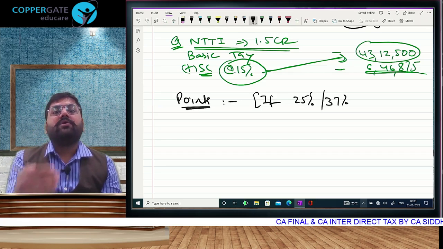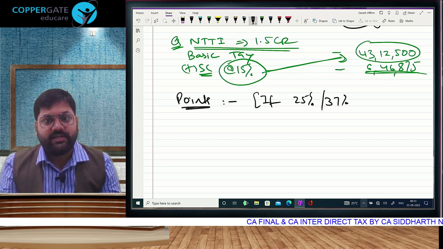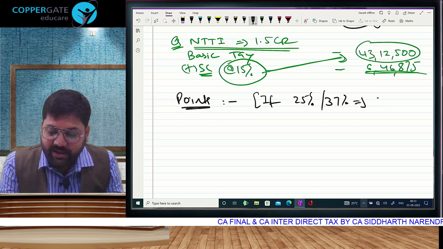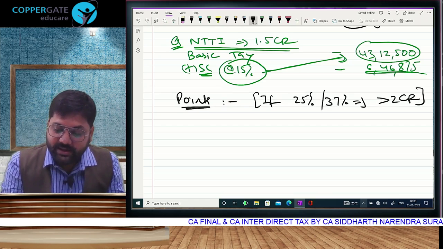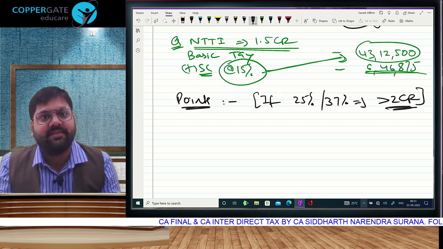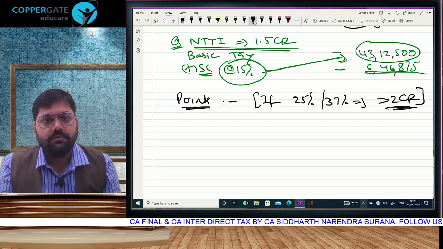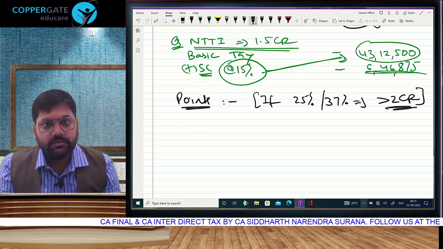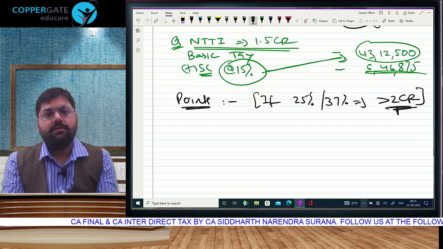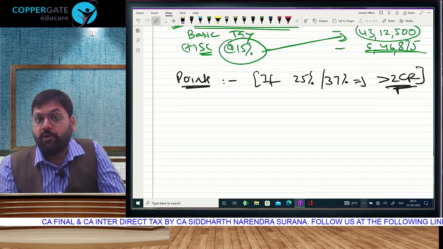Anybody having income more than 1 crore up to 2 crore, these 2 points are not applicable. Anybody having income more than 2 crore, is this that person who will go in 25 and 37? Yes. Only these people will be covered in the following 2 points.